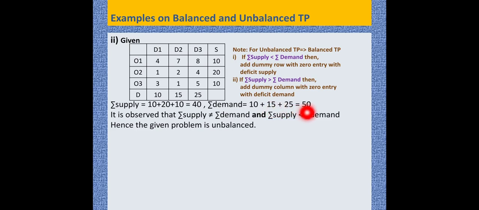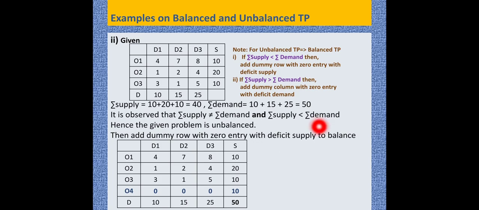By doing that, we can convert unbalanced transportation problem to balanced transportation problem. Then add dummy row with zero entry with deficit supply to balance. So that has been done here as shown in this matrix. So 0 0 0 has been added, and 10 is added here. Now supply is equal to demand, that is equal to 50, hence it is a balanced transportation problem.